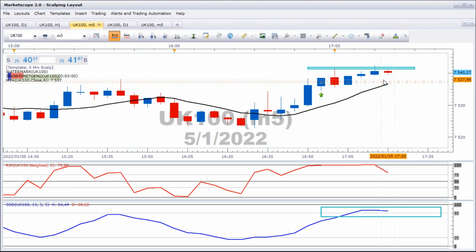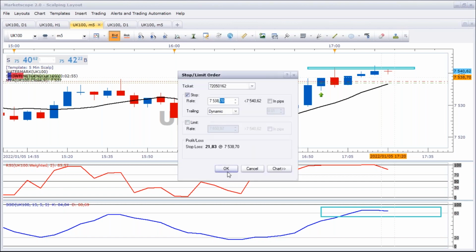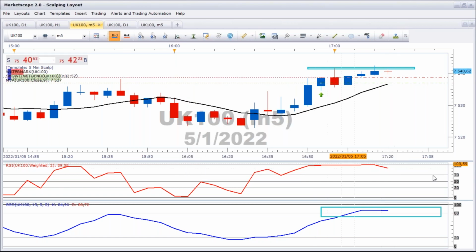I think we're going to capture a bit more here because it doesn't look like they've got the legs to get through that resistance.